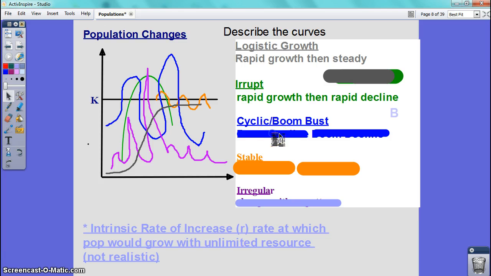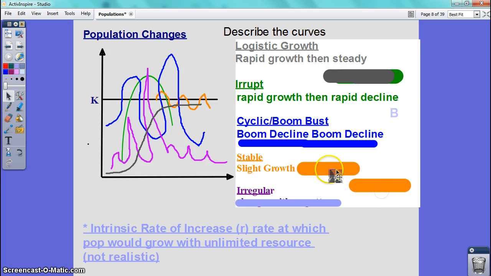In the cyclic boom-bust, you're going to have an increase in population followed by a decrease, increase followed by decrease, always exceeding the carrying capacity. Stable still exceeds and goes below the carrying capacity, but since it stays right on the line, it's a slight growth and a slight decline. And irregular has no patterns.